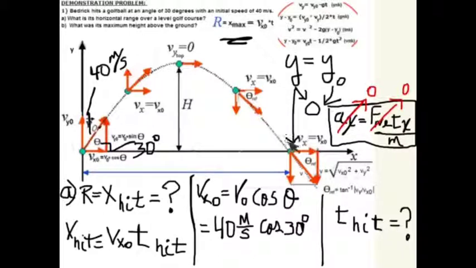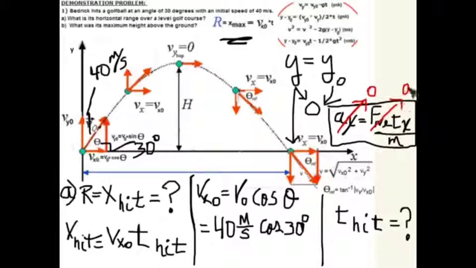So we recall that for any projectile, the only force is a gravitational force, and that gravitational force has no component in the x direction. So from Newton's second law, the acceleration in the x direction is the net force in the x direction divided by the mass.